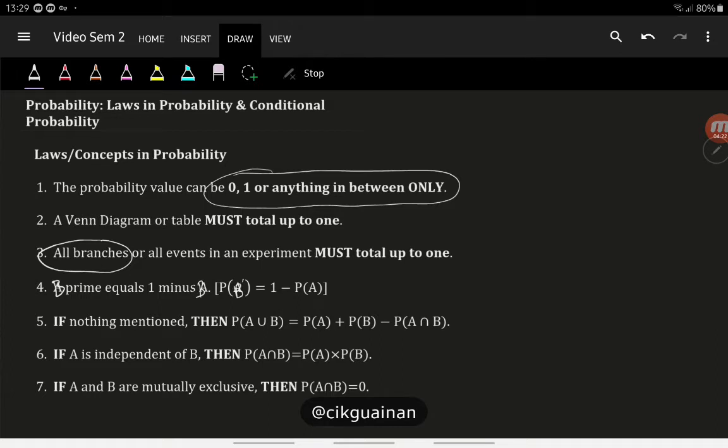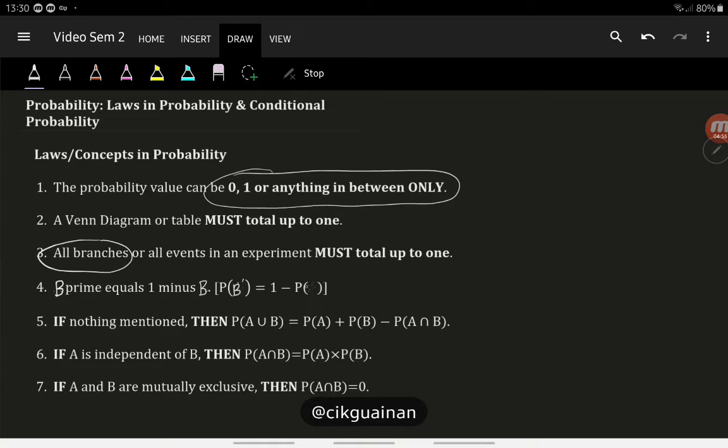So B prime equals 1 minus the probability of B. That's what I meant. Maybe I will use black color to get rid of that, and then put the B later. Now B prime is 1 minus B.